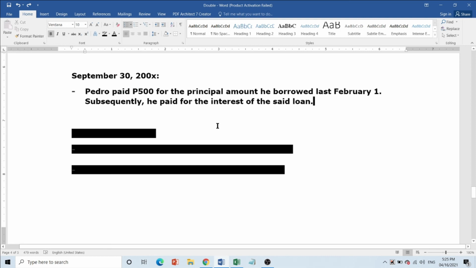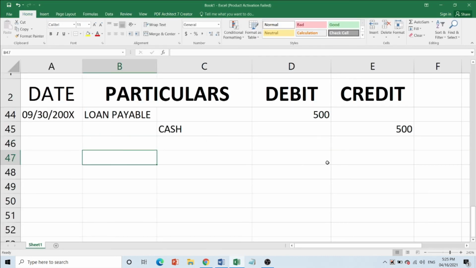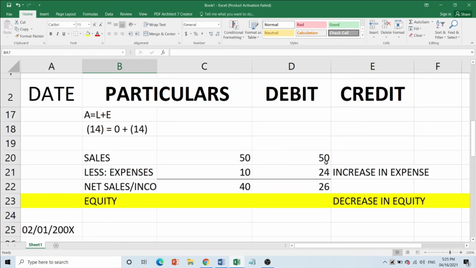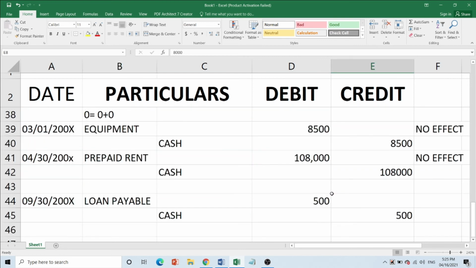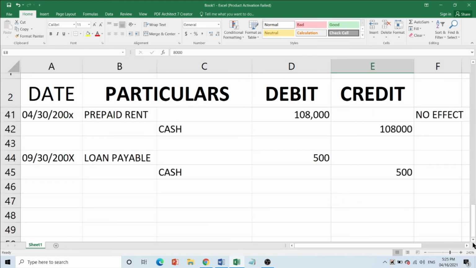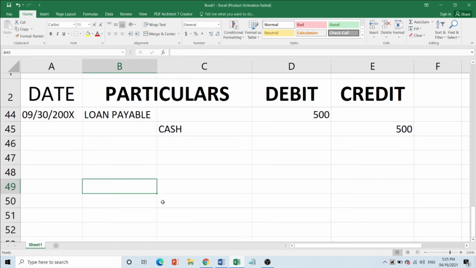Paano natin kukumputin ito? Since yung principal amount natin when we borrowed at the bank amounts to 8,000 pesos. 8,000 pesos yung inutang natin. Multiply po natin yan sa interest rate amounting to 12%.